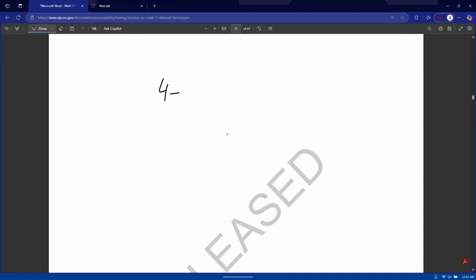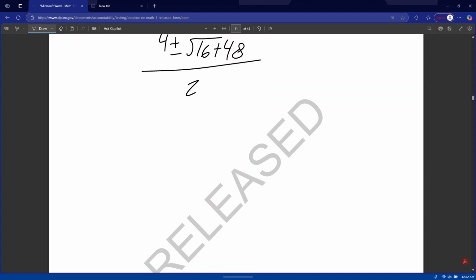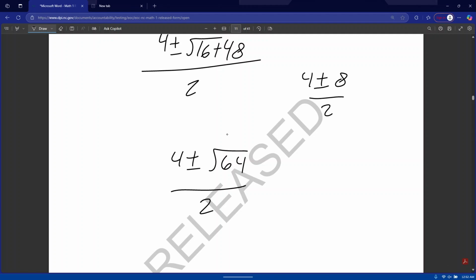When we do that, when we simplify and add everything up, we get 4 plus minus the square root of 16 plus 48, divided by 2. Simplified even further, we get 4 plus minus the square root of 64, divided by 2. At the end, we get 4 plus minus 8 over 2.